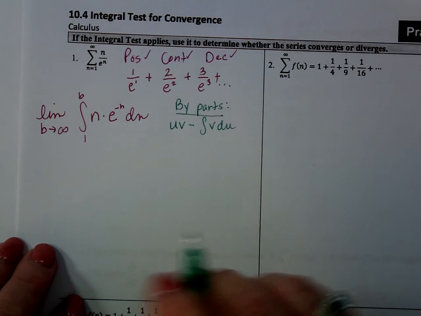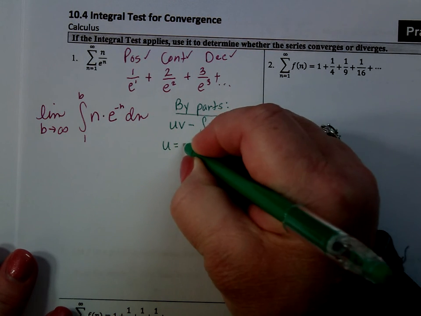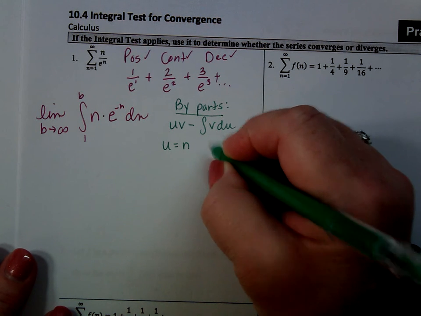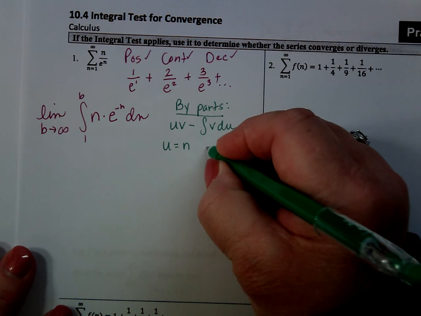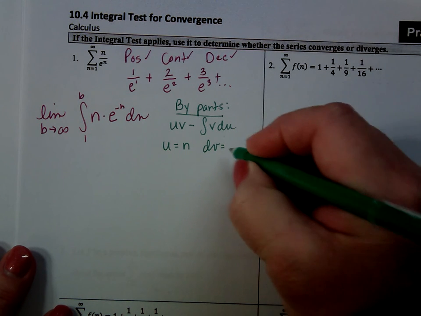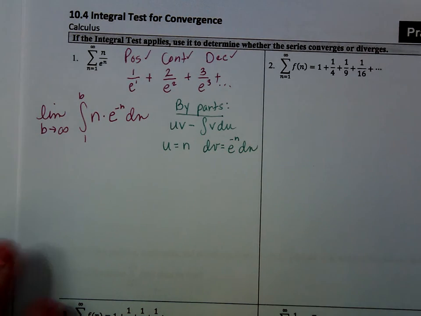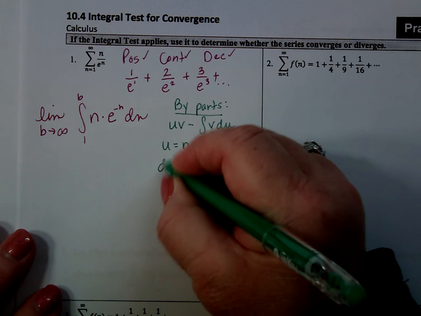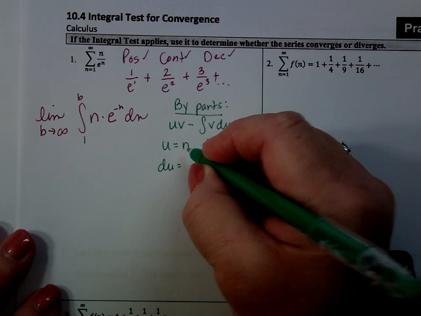So u is one part, u is my n, and the second part is my dv. This is u times dv. That means my dv is e to the negative n dn. But then I need the other parts. The derivative of u, du, is going to be 1 dn.